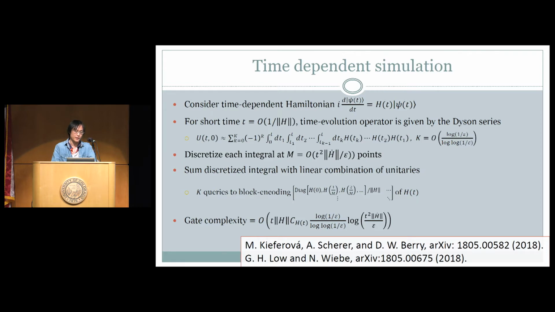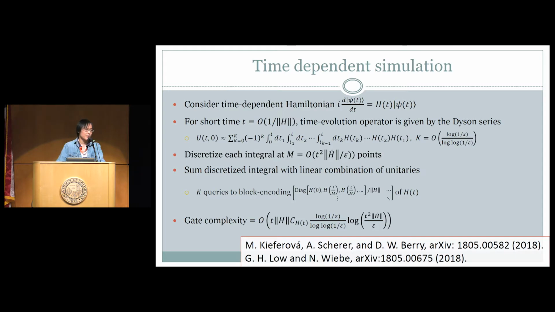It's not really complicated, but you can still express it formally as something that's called the Dyson series. This is analogous to the Taylor series, and it's represented as nested integrals of your time-dependent Hamiltonian evaluated at different times. If you just kind of stare at the order of integration, this is integrating under a simplex of some hypercube. The dimension of this hypercube, this is k. This is the order at which we truncate our Dyson series, and we choose this to achieve whatever target error we want.